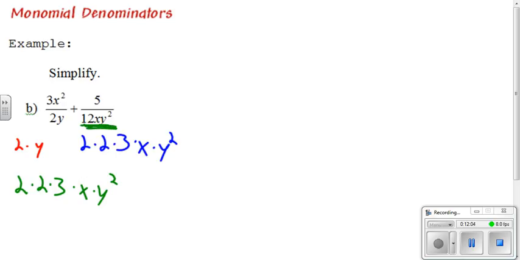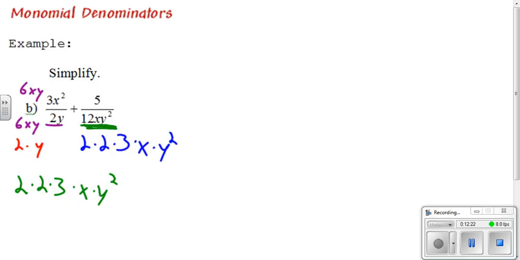We're only looking at the left rational expression over here. To get that one into our 12xy squared, we have to multiply by 6xy and 6xy to change everything.